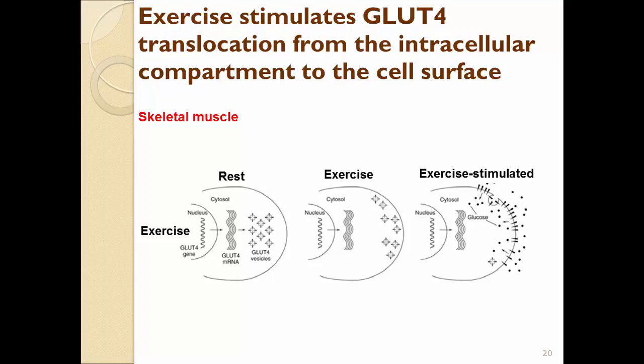So skeletal muscle takes up glucose by two mechanisms: insulin stimulation and exercise, muscle contraction. You probably already heard that for type 2 diabetic patients, we also encourage people to exercise, right? Exercise is one of the mechanisms that can promote glucose uptake into skeletal muscle and reduce blood glucose levels.